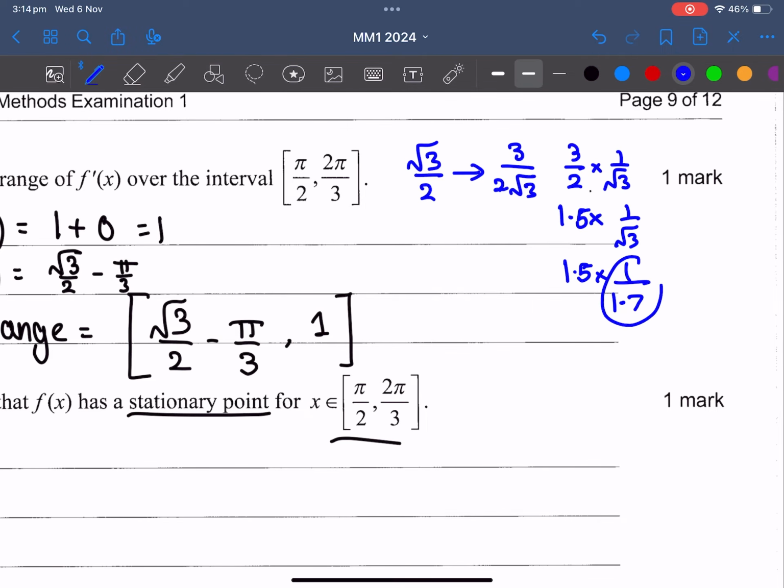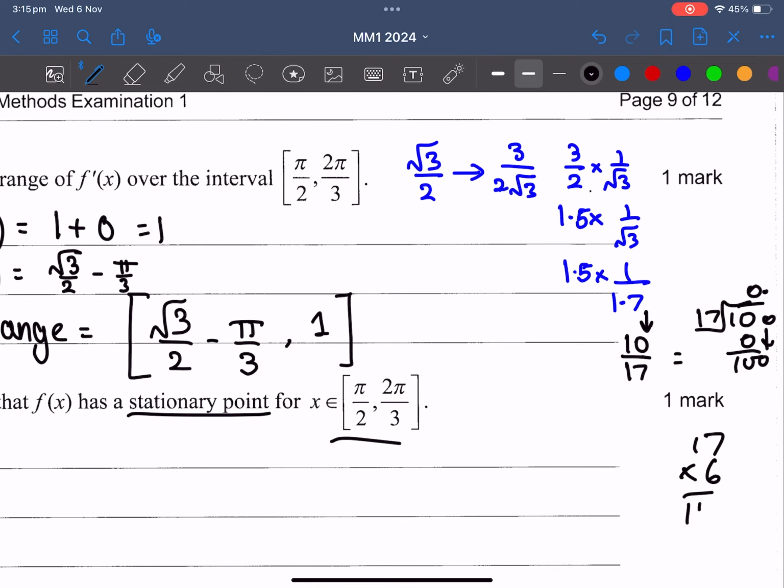So now we have to find out what this is going to be. This is the same as writing 10 on 17. If I were to divide this, we'll get 0 and then 0, so 100, and then we have point, so 17 times 6 I think would do it. So that will be 102. So it's going to be roughly 0.6 but less than 0.6.